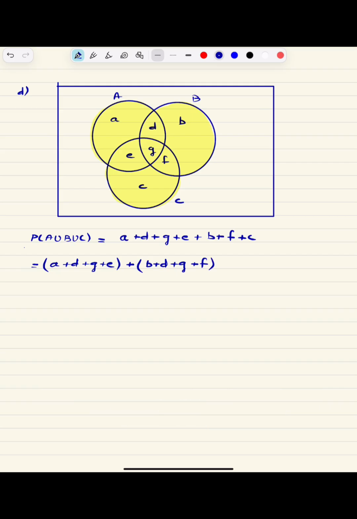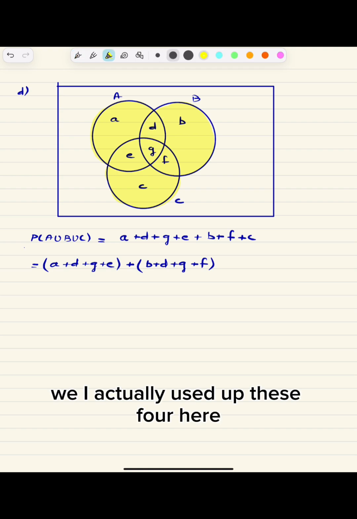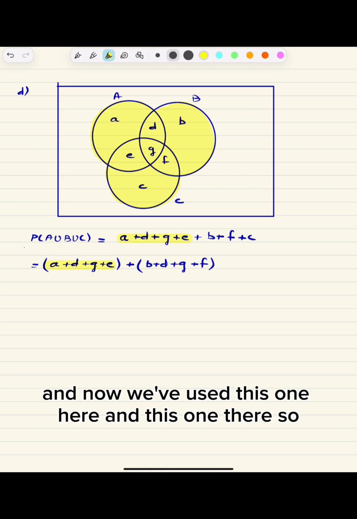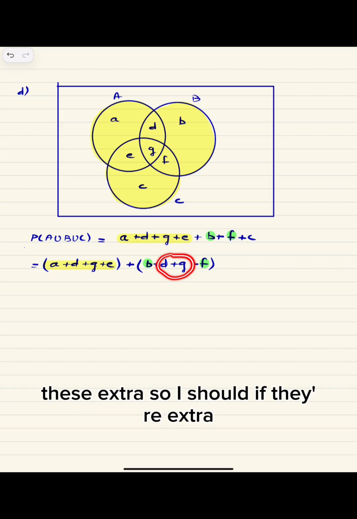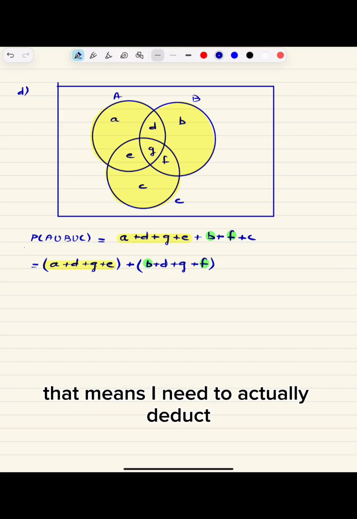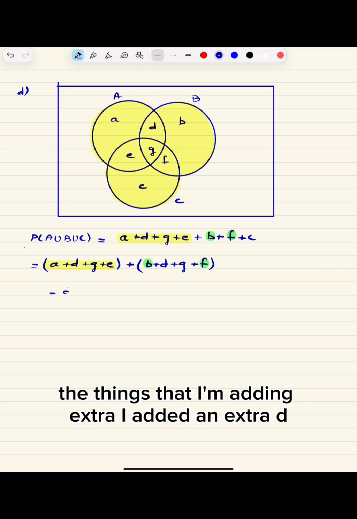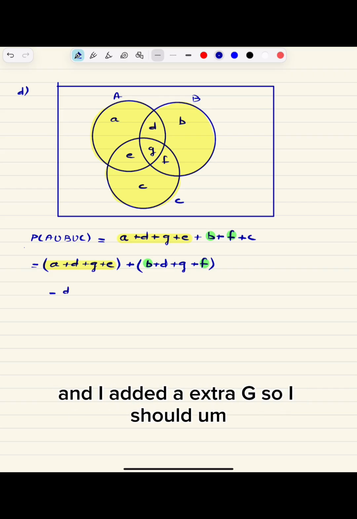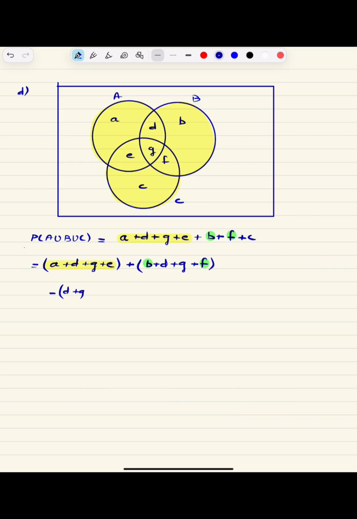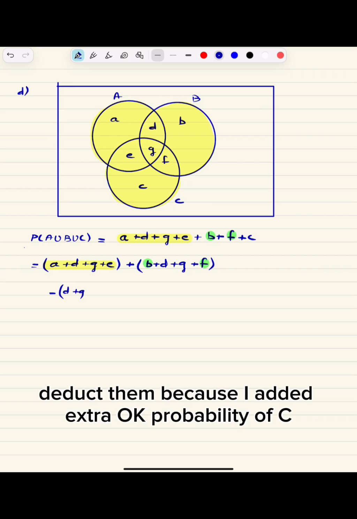But we actually used up these 4 here, and now we've used this one here and this one there. So I've added these extra. If they're extra, I need to deduct the things that I'm adding extra. I added an extra D and an extra G, so I should deduct them.